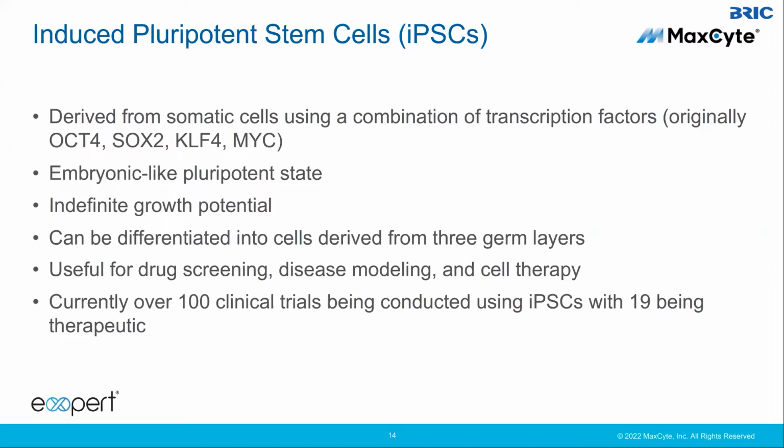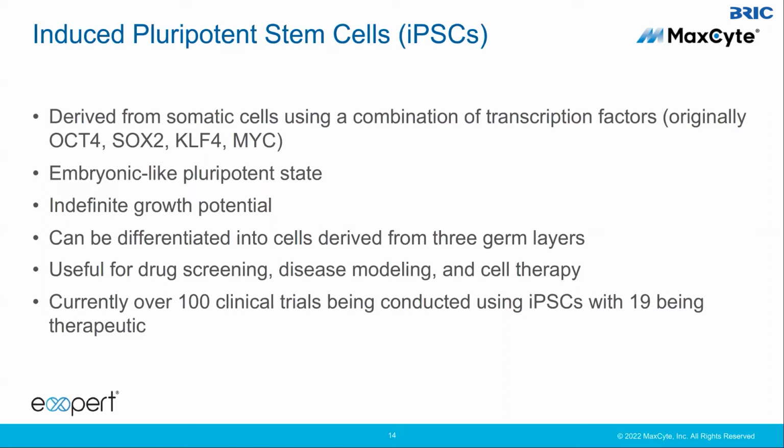iPSCs have an embryonic-like pluripotent state, which allows them to grow indefinitely. And that's actually very beneficial for regenerative medicine, where you wouldn't have that ability to expand primary cells to a sufficient cell number you need at times.